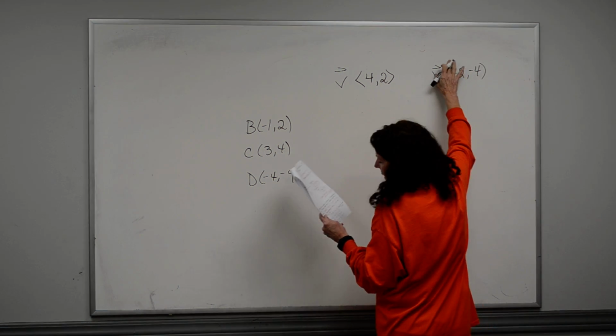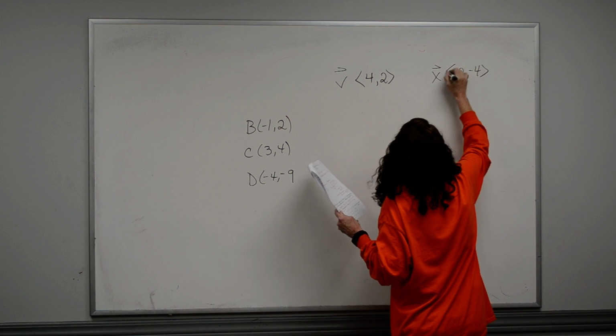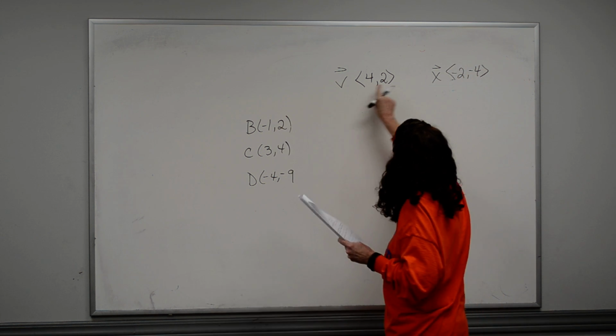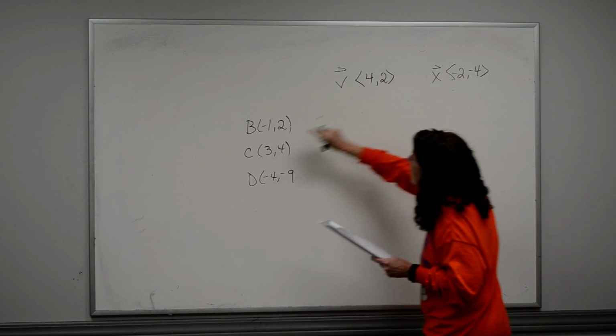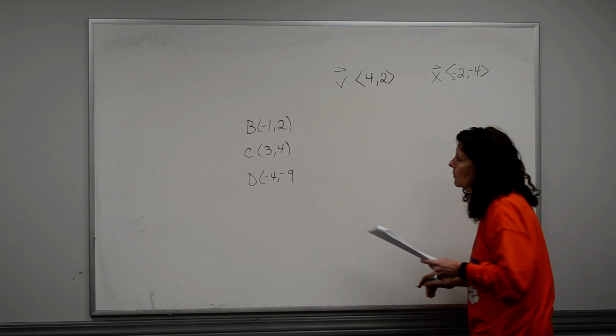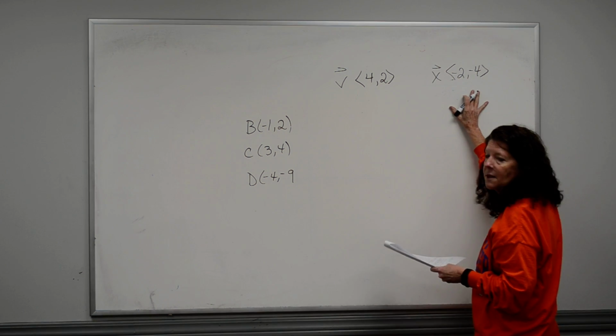Now this basically, whoops, I need it in component form. This basically means to the x I'm going to add 4, to the y I'm going to add 2, to the x I'm going to add negative 2, and to the y negative 4. So I could do this one, and then get an answer, and then do this one.